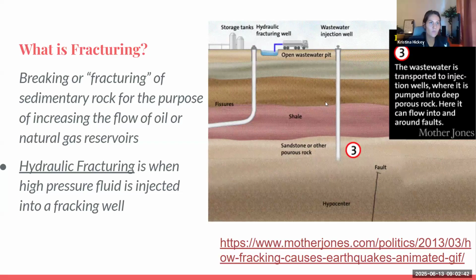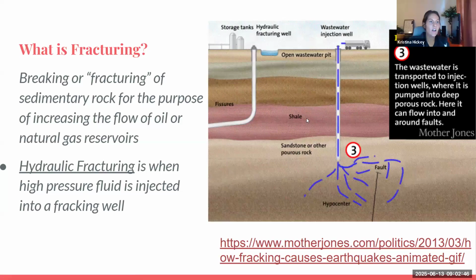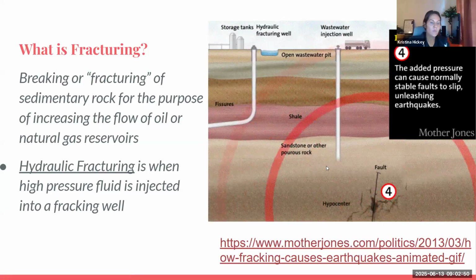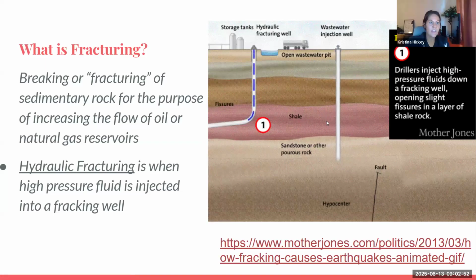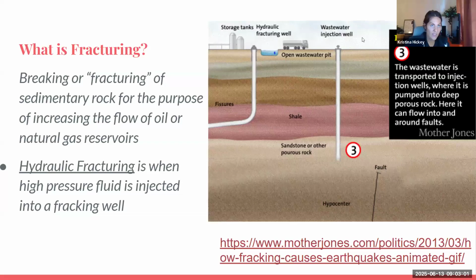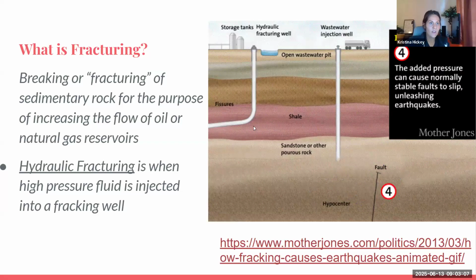This little visual shows you all of the different types of rocks. You'll see you have the shale, sandstone, and other porous rock, which would be considered the impermeable. You also have a well. Petroleum engineers have to design the well, and they also have to insert this particular type of fluid into the well.